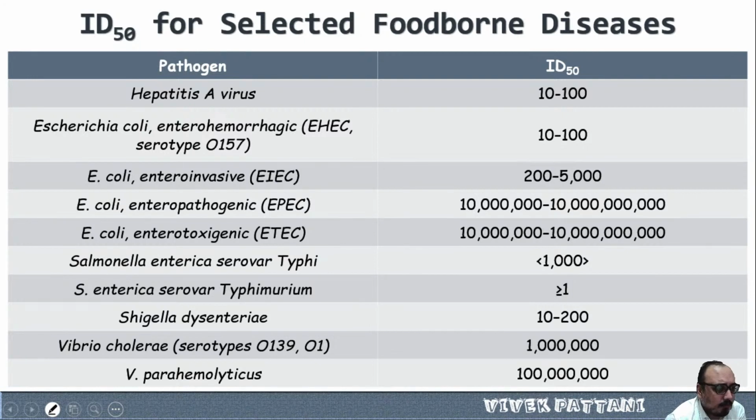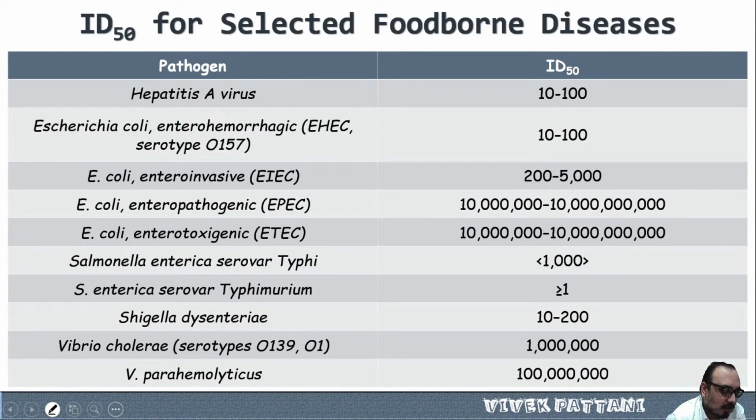ID50 just gives us an idea of how many organisms will be needed to infect an individual, but it does not give an idea of how it will behave in different types of individuals. Generally, a lower ID50 indicates higher virulence, but it depends purely on the environmental and other conditions of the host.